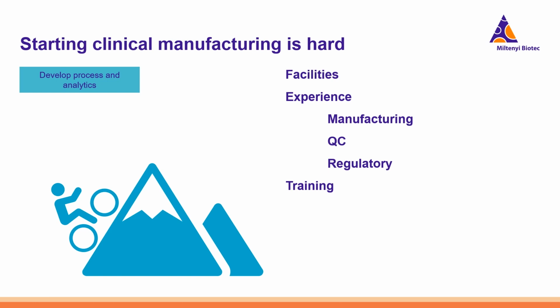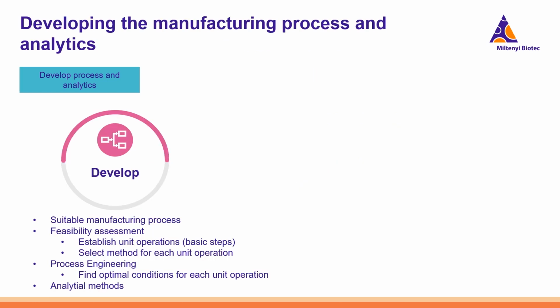Anyone looking to start manufacturing CAR T cells will first need to focus on a suitable manufacturing process. And in particular, they will need to perform a feasibility assessment to see how feasible that process is. They will need to go through the process and define the basic steps of the protocol as so-called unit operations.